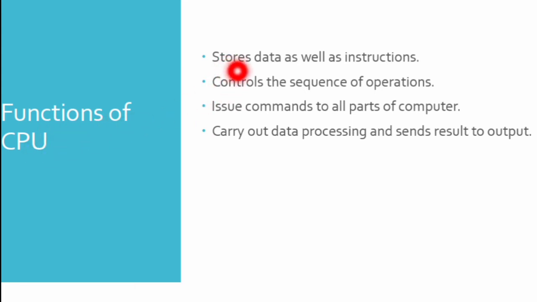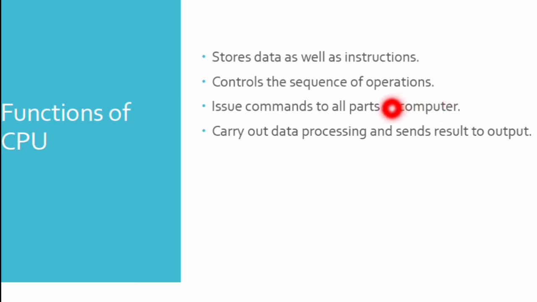Functions of CPU. CPU helps in storing data as well as instructions. It controls the sequence of operations. Means suppose you are using one application and you start using another, so it manages it and arranges the sequence.